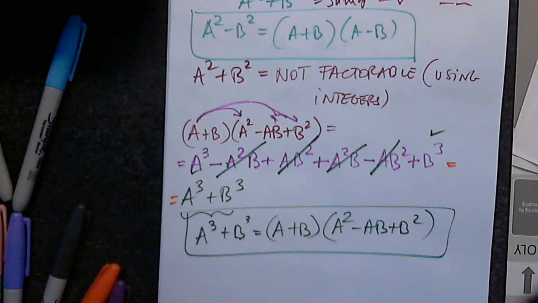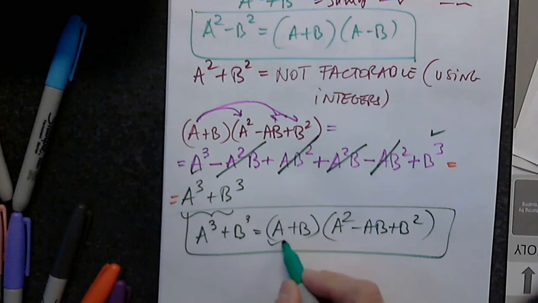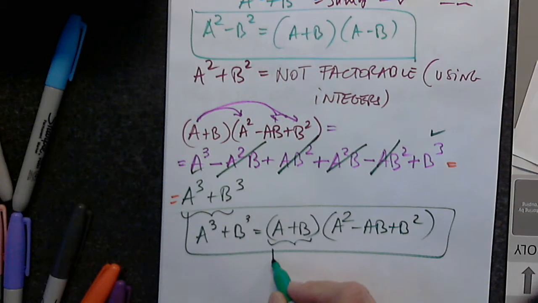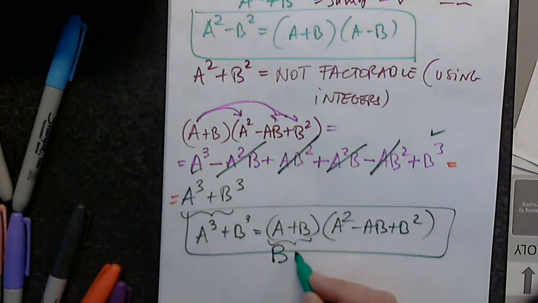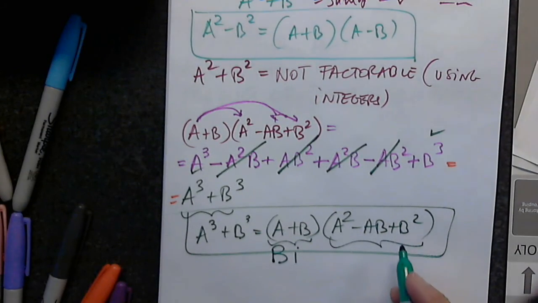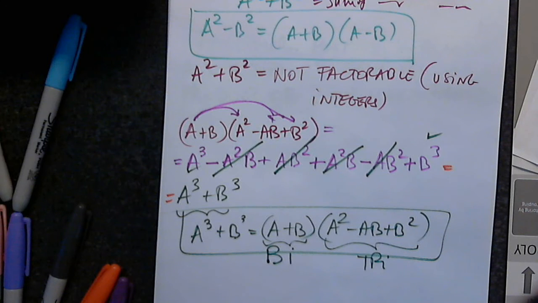Very interesting. How do we call this? So we haven't seen this before. We had a difference of squares which factored into two binomials, a product of two binomials.